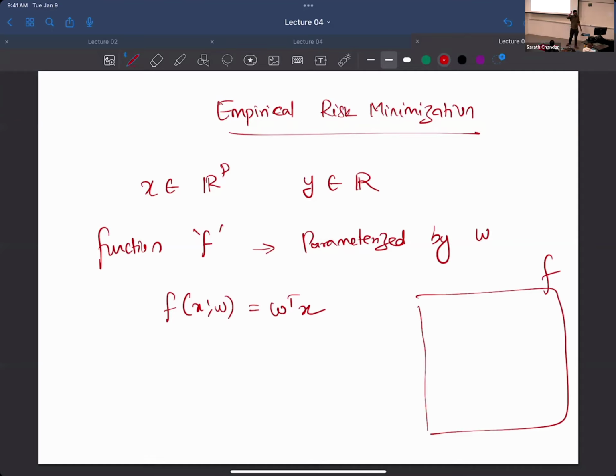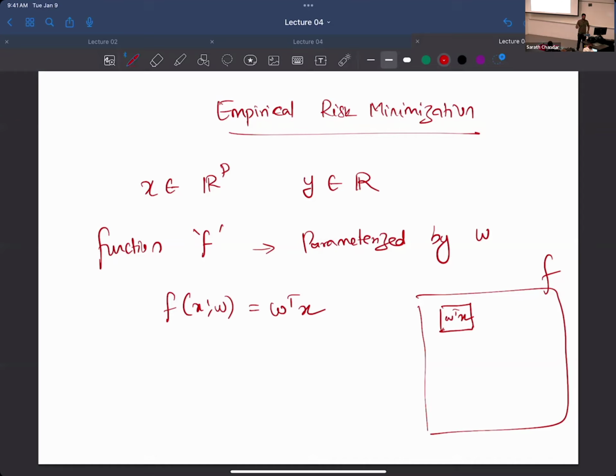The moment I make this assumption that my function is w transpose x, I'm saying, I'm going to search over this really small set of functions, which looks like w transpose x. So then the learning boils down to just finding a w that is good, right? So every possible w gives you a function.